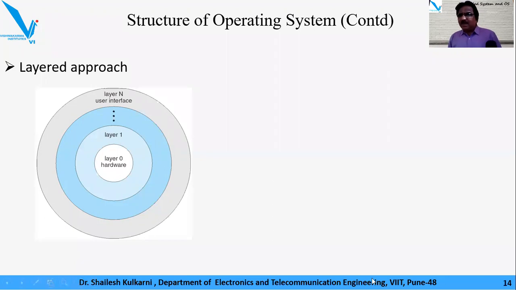For example, if the user layer wants to access a service which is written at a layer, for example the scheduler layer, then it cannot directly access it because there is one layer in between. So the 0th layer is the highest priority layer, whereas the nth layer is the lowest priority layer.